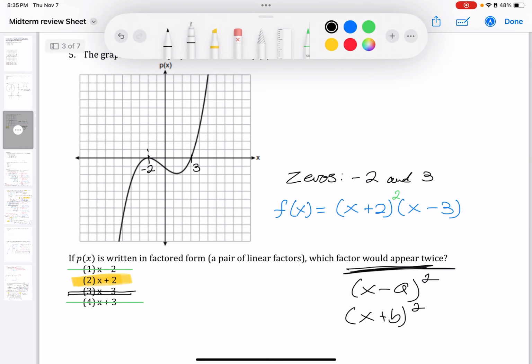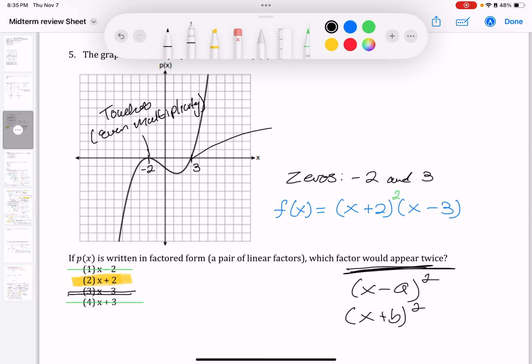So also, I want to say this. When it touches the x-axis, it has an even multiplicity, which means it can appear twice, 4 times, 6 times.